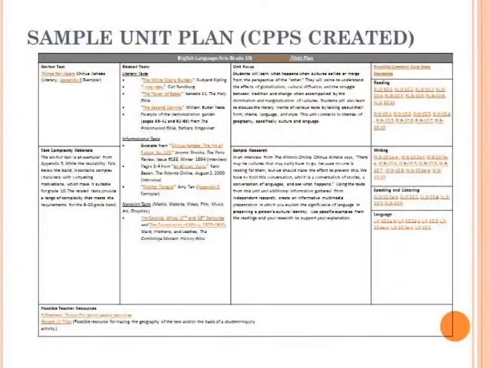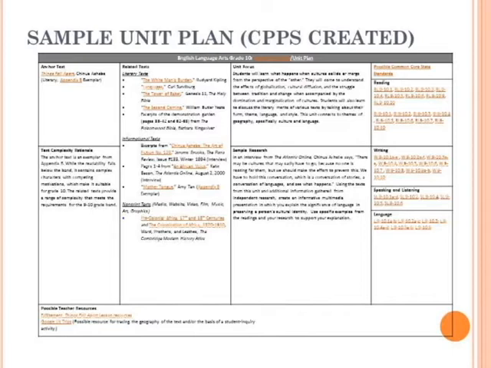On the next slide, you'll see a sample unit plan that was created by a teacher from Caddo Parish, based on the state's sample plan for the anchor text Things Fall Apart. Here you'll see the anchor text in the first column, and under that column you'll see a text complexity rationale, which basically explains why this particular text was selected.